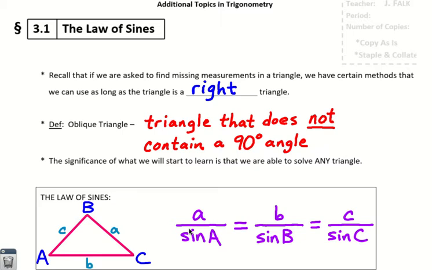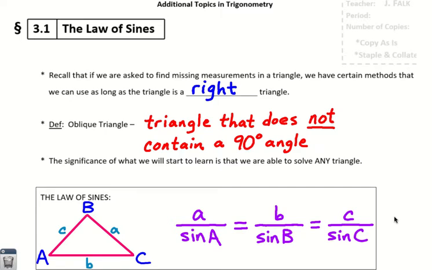You're never going to use that entire thing. You're going to pick and choose. Like you'll have these two fractions equal to each other, or these two fractions equal to each other, or this fraction equal to that fraction, whatever the moment called for.